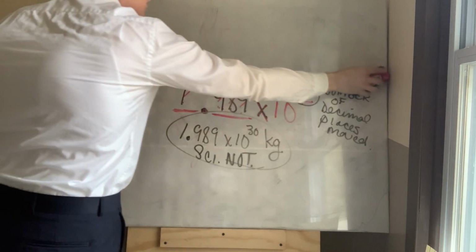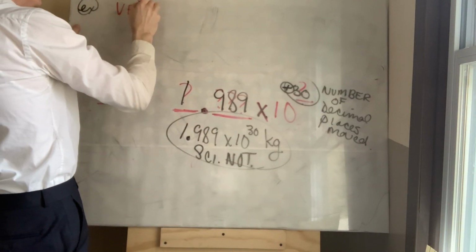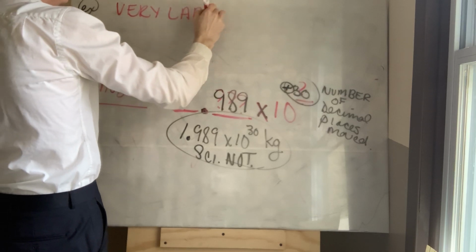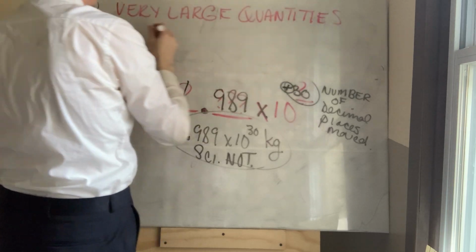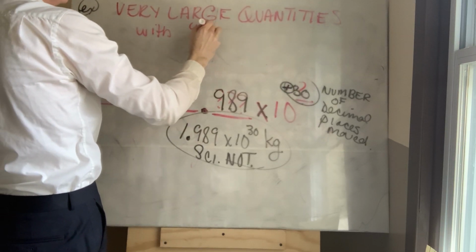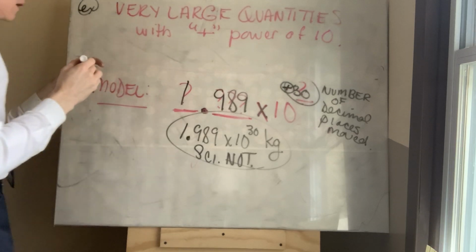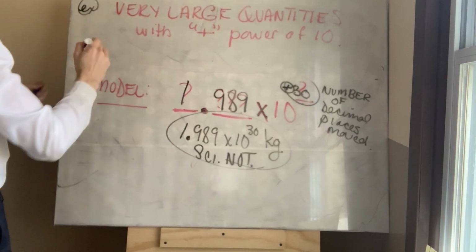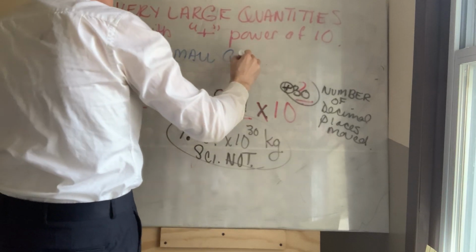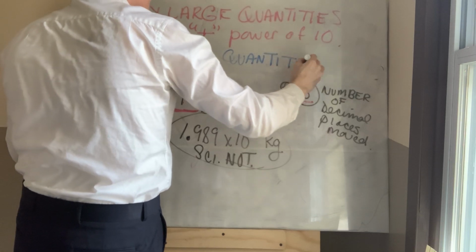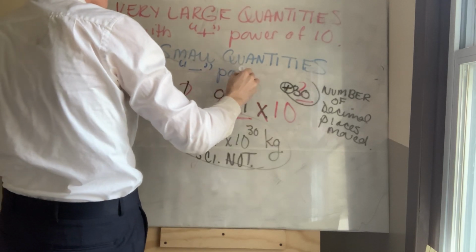And this works just as well. Associate in your mind very large quantities with a positive power of 10, and very small quantities with a negative power of 10.